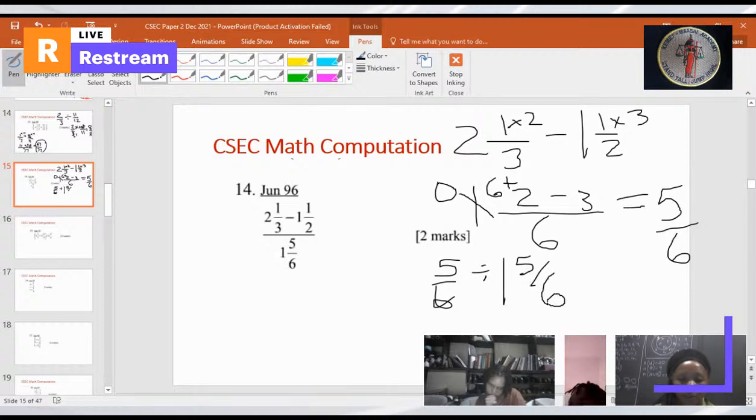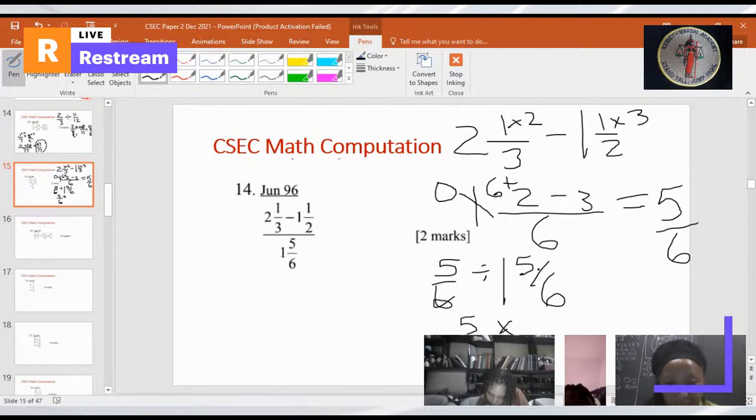So what do we do now? Miss, you write back the 5 over 6. Change the division to multiplication.